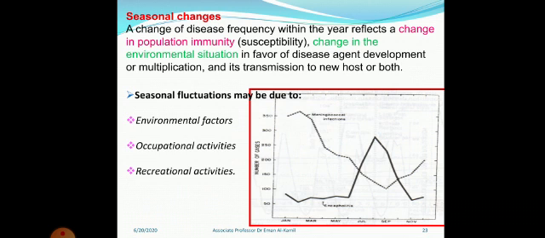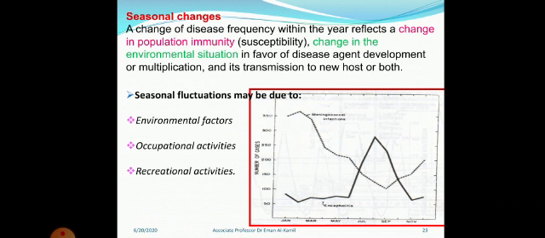A change of the disease frequency within the year reflects a change in the population immunity or susceptibility, or a change in the environmental situation in favor of the disease agent's development or multiplication, such as in malaria, or a transmission due to a new host. So seasonal fluctuations may be due to environmental factors.